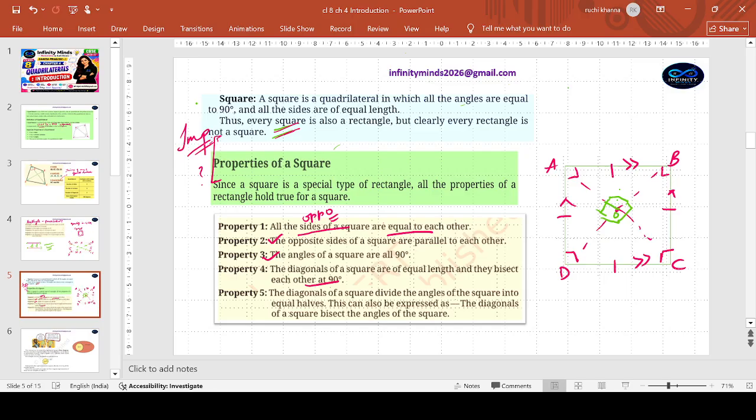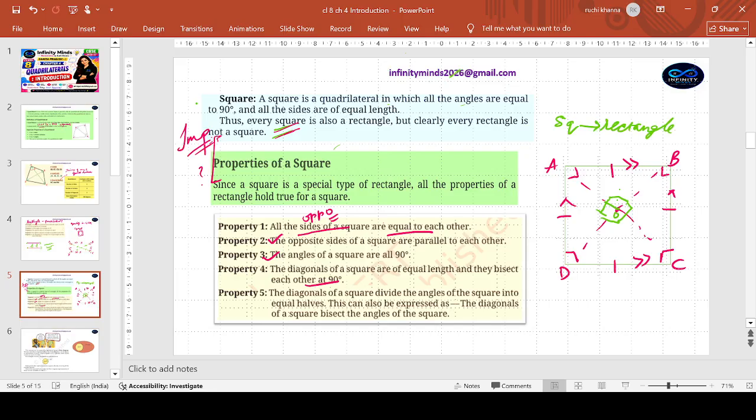Something can be a square, something can be a rectangle, but for it to be a square it requires more qualities. If you say each angle should be 90 degrees, fine, that can be present for a square and for a rectangle. But if you say I want all sides to be equal, a rectangle will not be able to satisfy the condition of a square. But can a square satisfy a rectangle? Can a square be a rectangle?